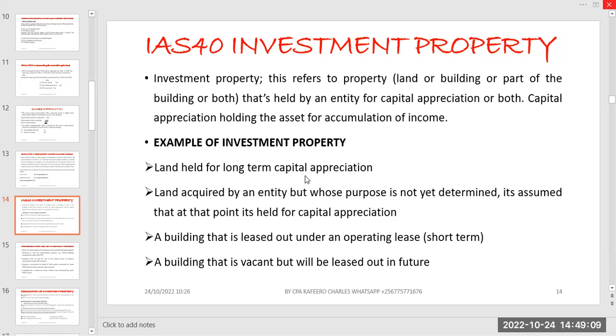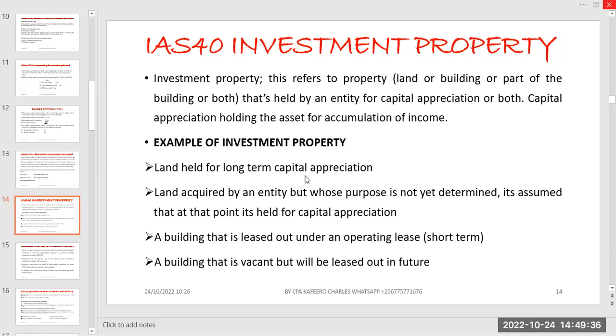Capital appreciation is all about leaving the asset there for its value to accumulate. If you buy for 10 million, in 10 years' time you may find it is 100 million. That's what we call capital accumulation or appreciation, the increase in the value of the asset. So basically you are either earning rental income or capital appreciation, or both.